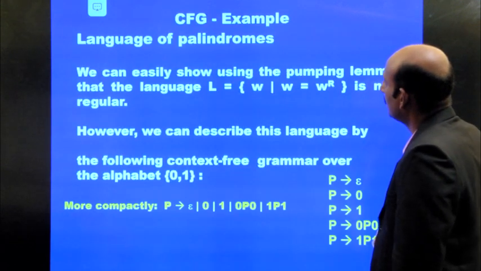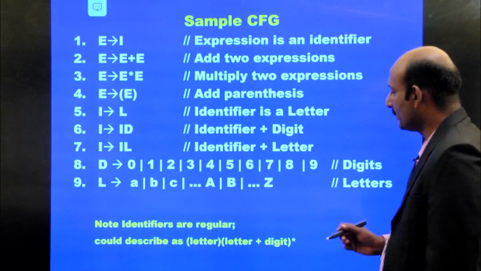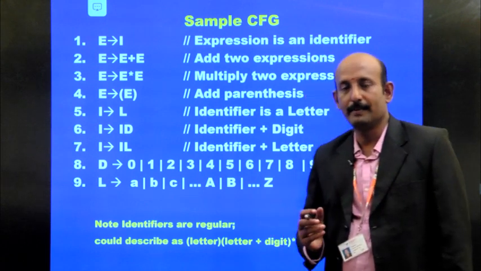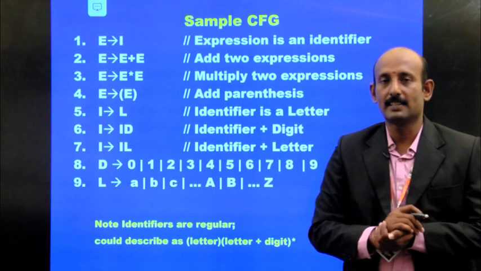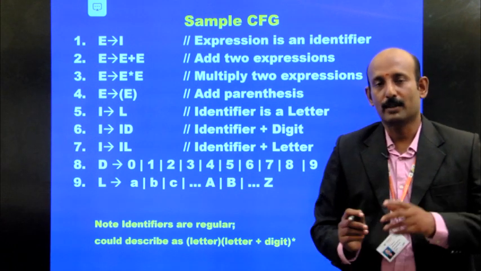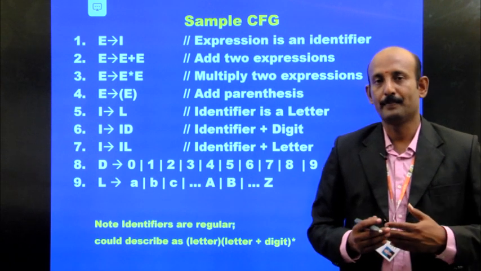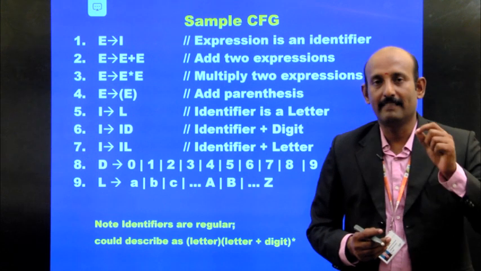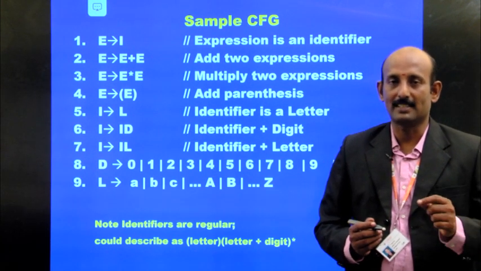So with this simple context-free grammar, let us go for describing a language. For example, in programming languages like C, C++, or Java, we may declare a variable, that is, identifiers.